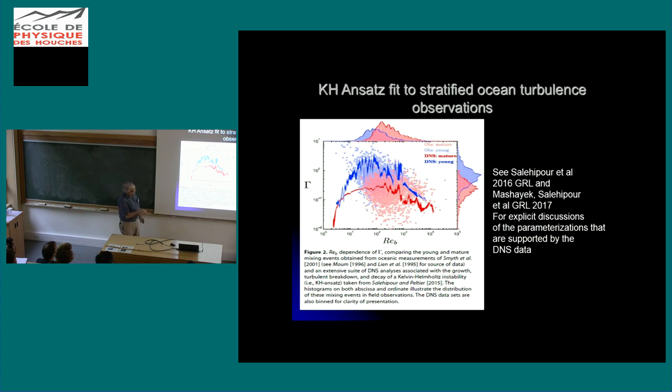So here in the paper, there are two papers that have appeared in GRL. One has just come out, and you can get it on Web of Science if you go there. What we're showing in this diagram is a comparison of the KH ansatz results on the effective efficiency of turbulent mixing, which is this flux coefficient, as a function again of buoyancy Reynolds number, but for different phases of the KH roll-up and turbulence transition.